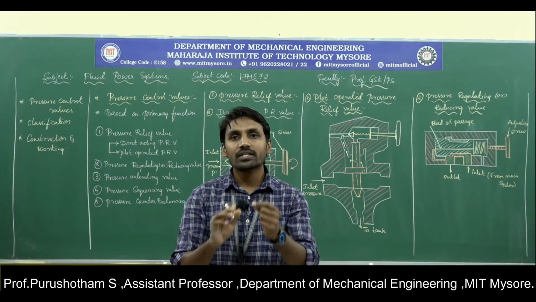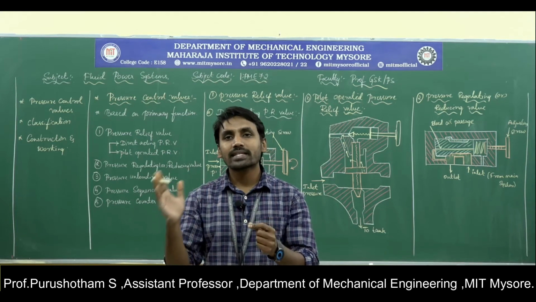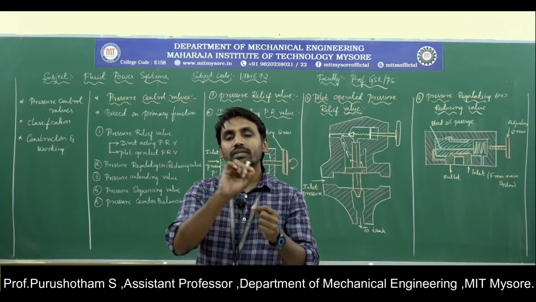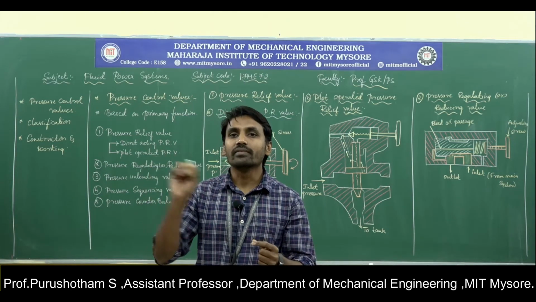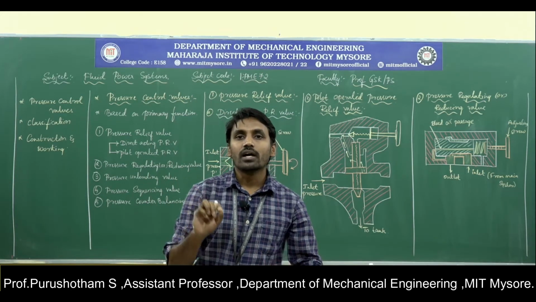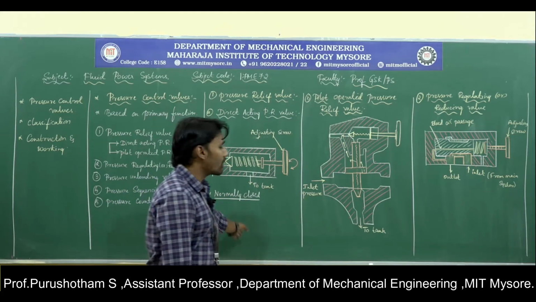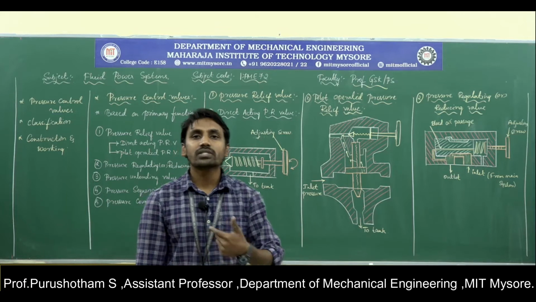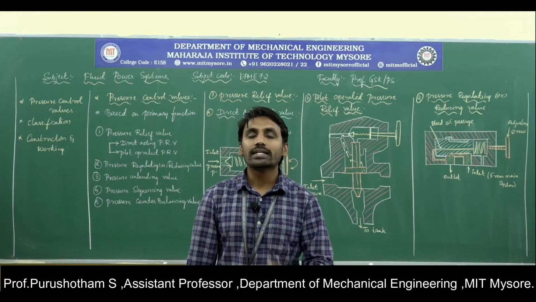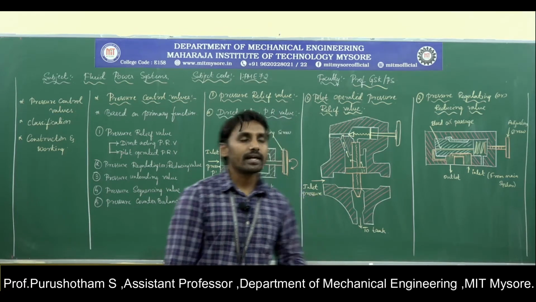When the inlet pressure is within the prescribed limit, the fluid goes directly to the system and does not go into the valve. Normally closed valve. Commonly, these pressure relief valves are used in hydraulic systems.